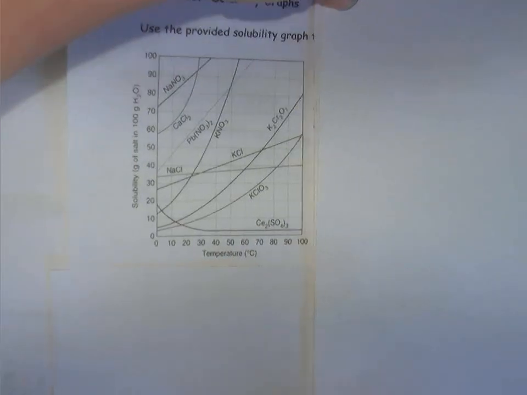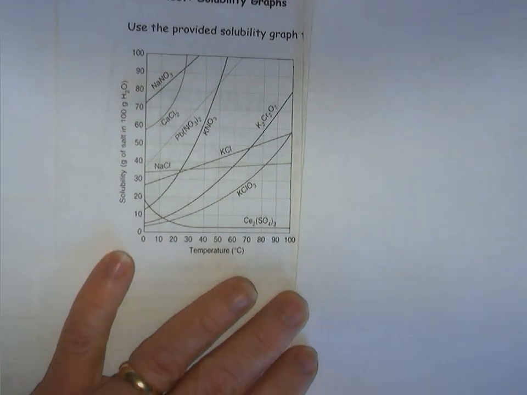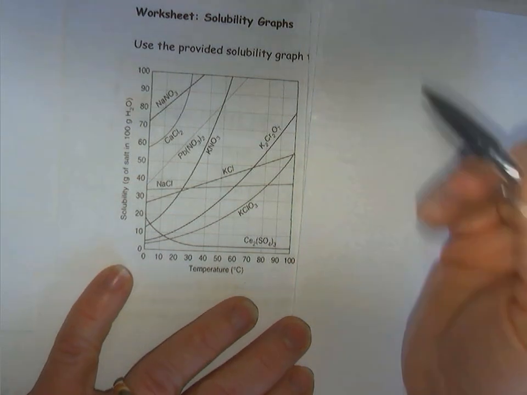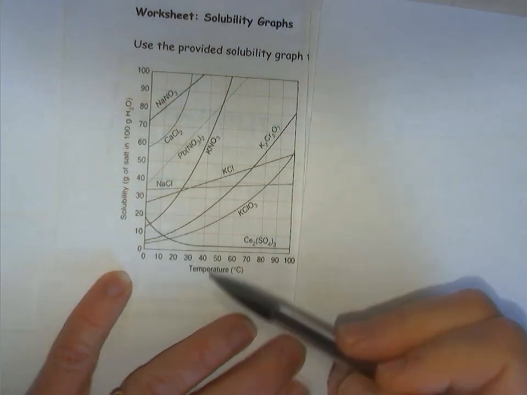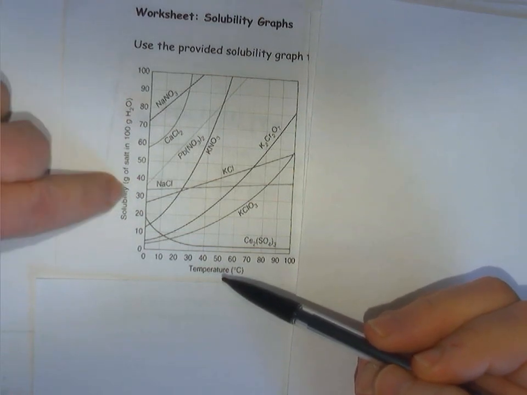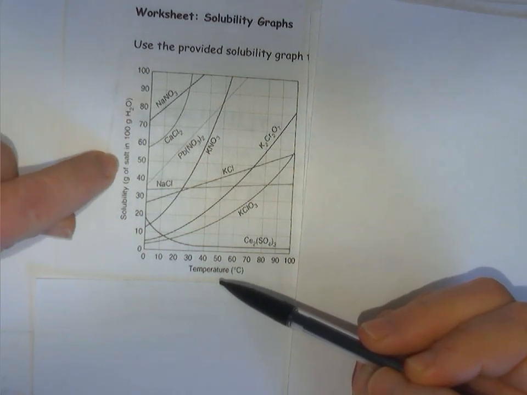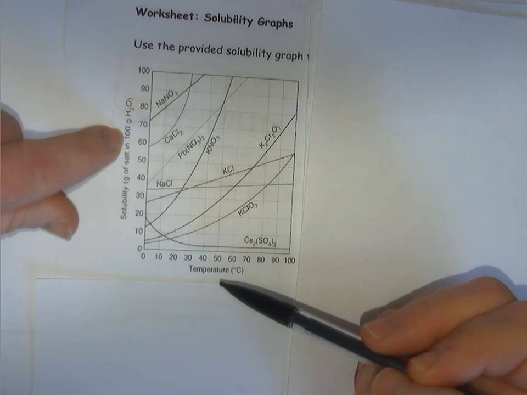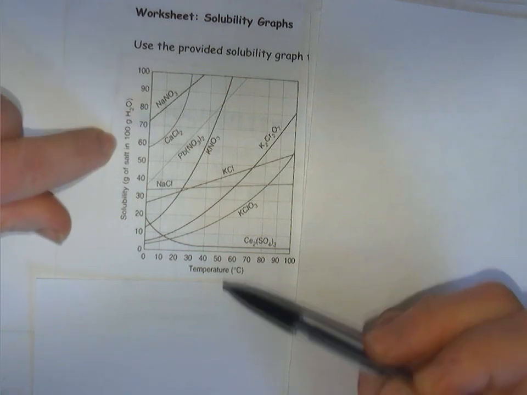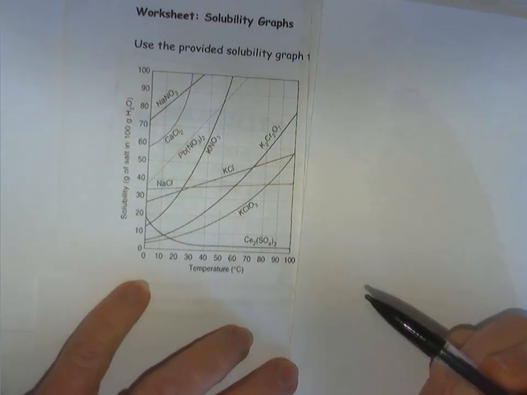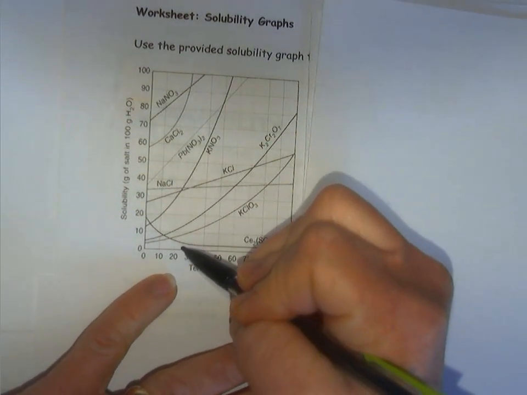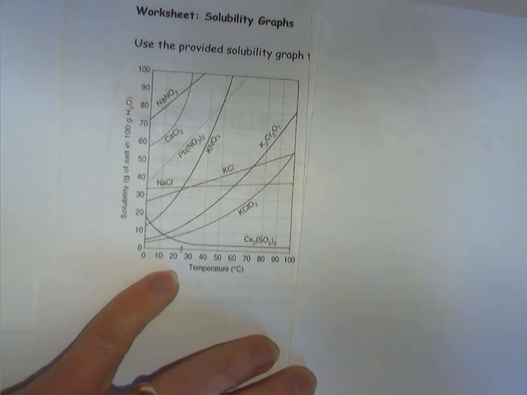So if we would focus on a specific compound here, a solubility graph or curve is a graphing of solubility, and it's usually grams of solute per a given amount of solvent. So here it's per 100 grams of water at a certain temperature. So remember, 25 Celsius is room temperature.